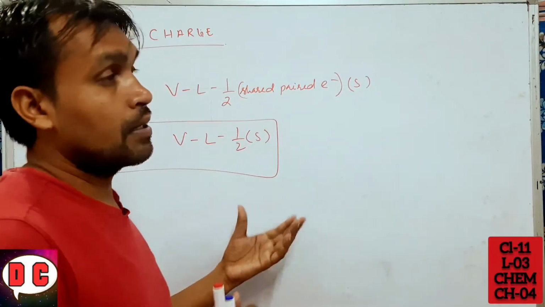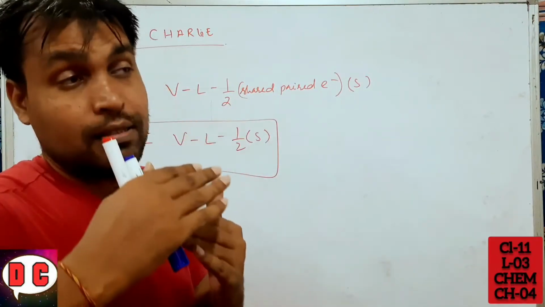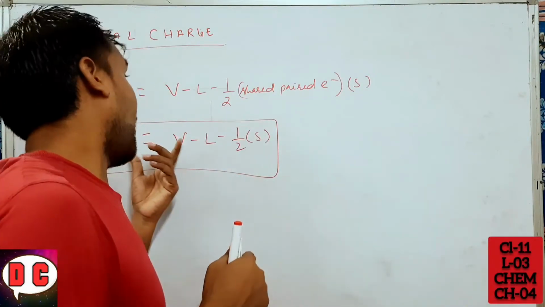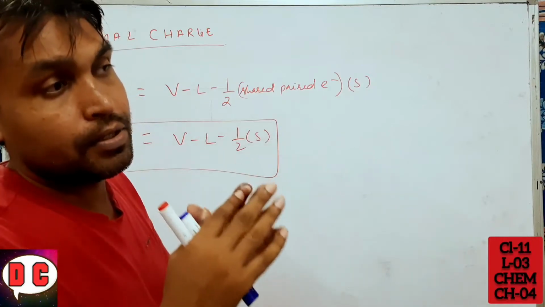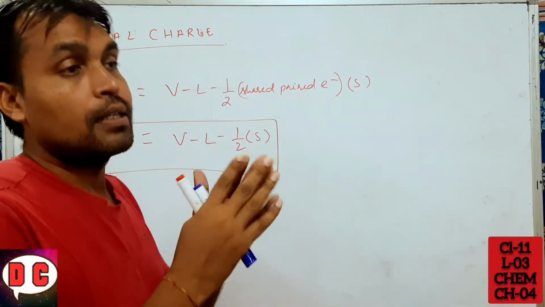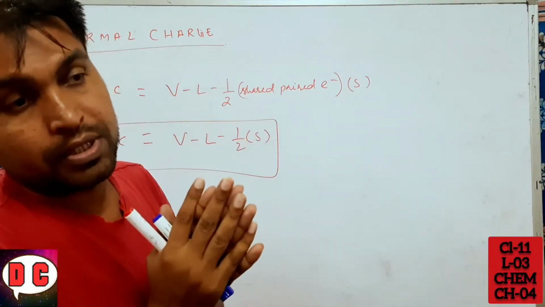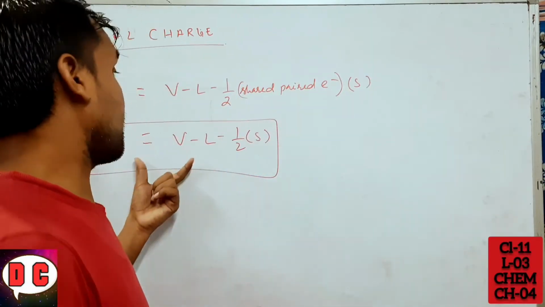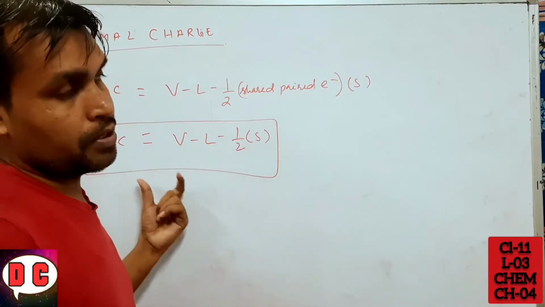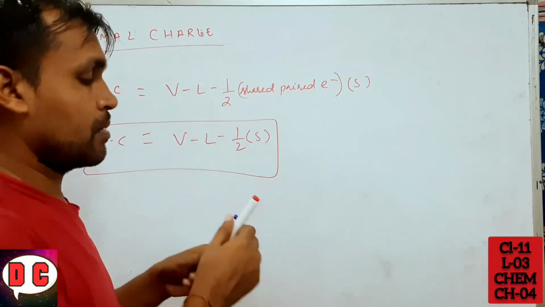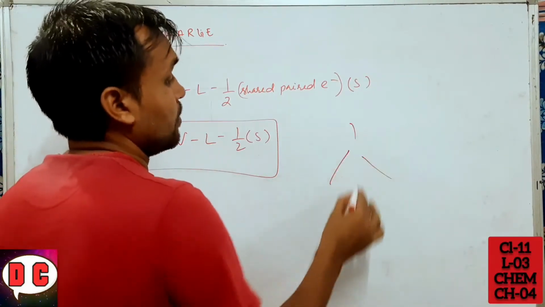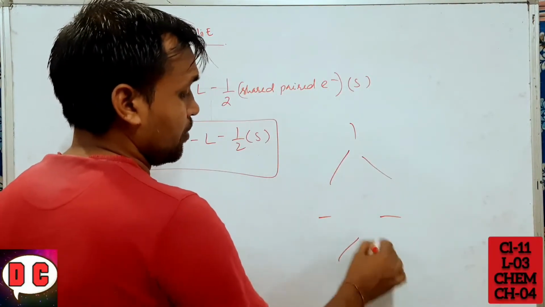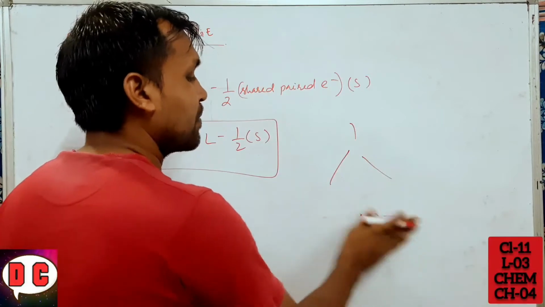But if any structure has higher energy, how will we know? We will know with the help of formal charge. If the energy of any structure is high, that means that particular Lewis dot structure is not stable. In Lewis dot structure we have seen some structures are like this, some this way, so different structures are there.